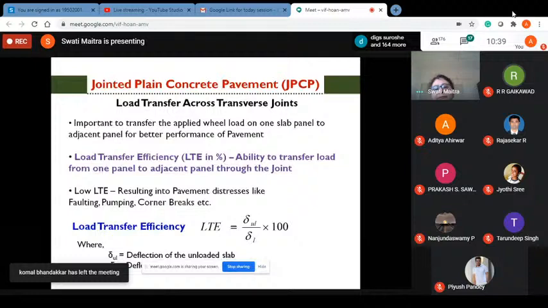The foundation is composed of base, sub-base, and compacted subgrade. Base and sub-base are also modeled as linear elastic isotropic material with solid brick elements, and the subgrade is modeled as a Winkler foundation, as in this schematic representation.